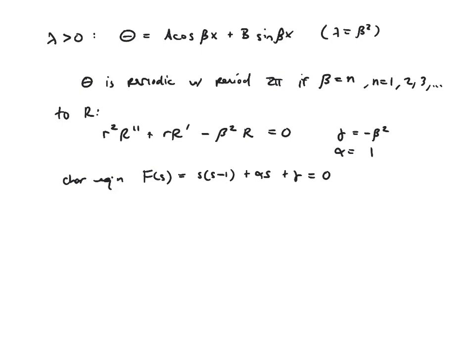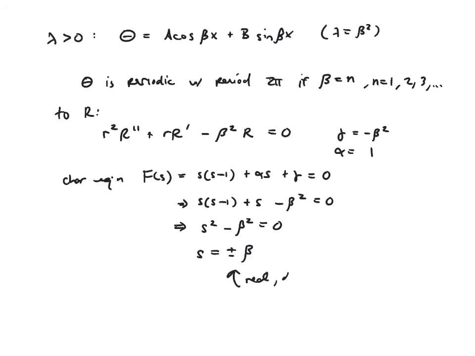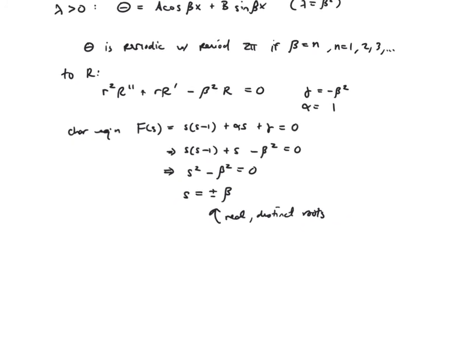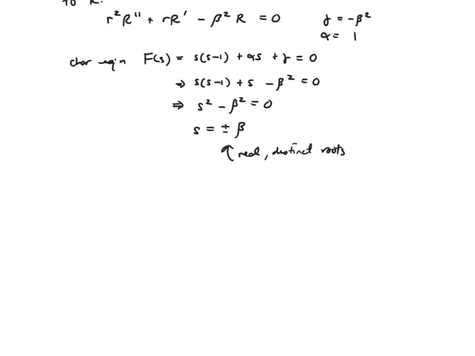Here I have S minus 1. Alpha is 1, so I just get plus S. And then I get a minus beta squared equal to 0. S squared minus S plus S is just S squared minus beta squared equals 0. Oh, look at that. S is equal to plus or minus beta. Real, distinct roots of the characteristic equation for the Euler equation, the special type of ODE with variable coefficients.